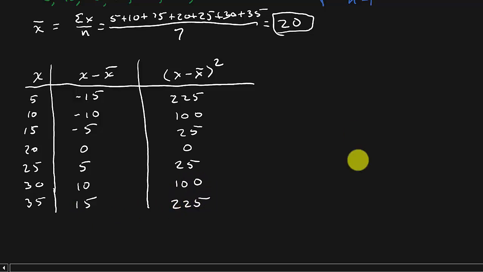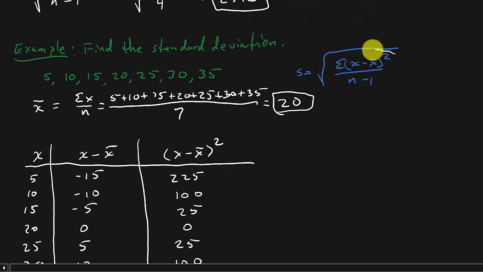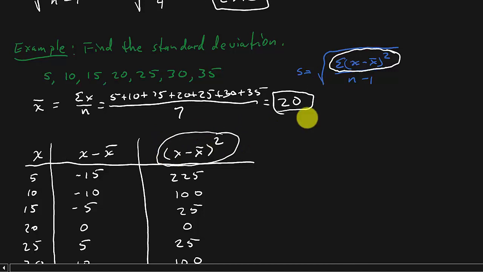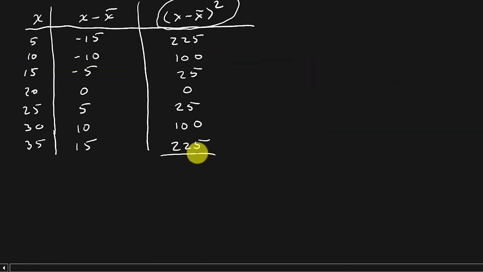All right. Now, come up here, see what we need. We need the sum of this column right here. See that? That's what we need. That's what this little symbol means. It means sum this. All right. And so the sum of x minus x bar squared.